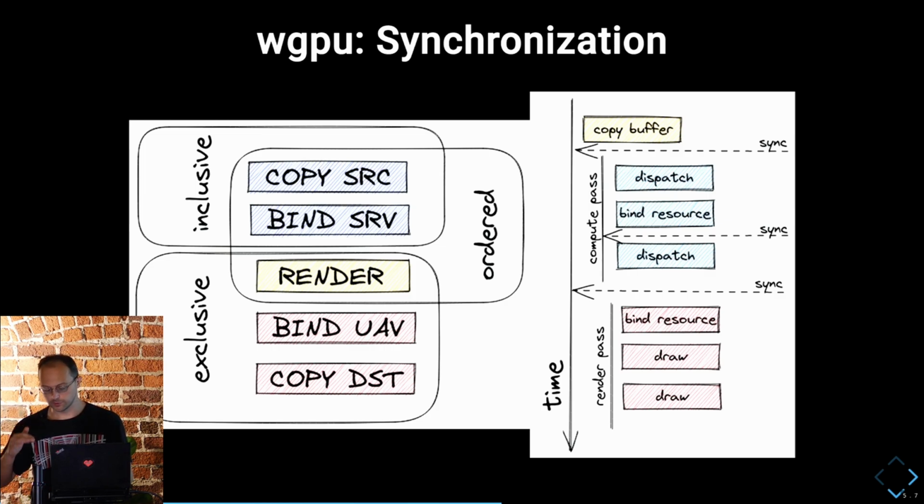So every resource gets accumulated like a set of usages within the scope, say within a compute pass. And then once this is done, WGPU can validate it. Oh, that set of usages is safe. You're good. Or it can fail. And this is also a place where WGPU can safely write it down into the native command encoder.